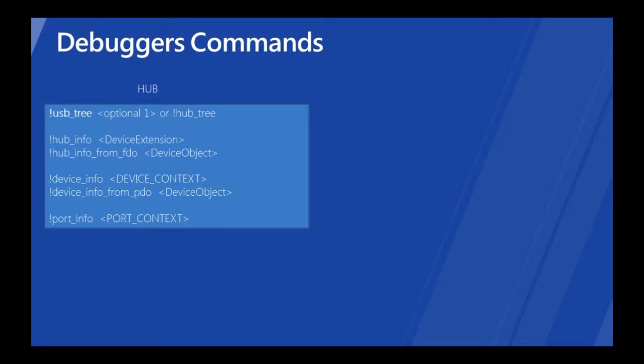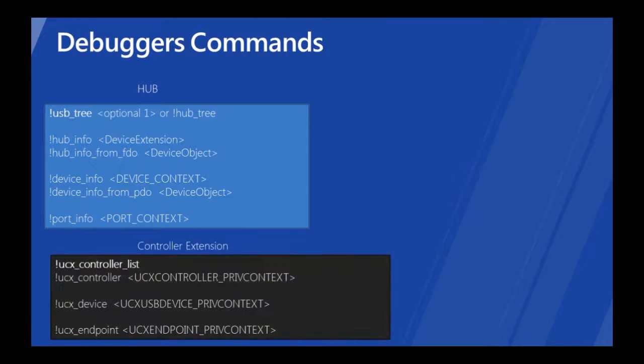This is the pivotal command which, in addition to showing the topology of the USB devices, provides pointers to all the other commands that you can use to inspect the state of the hub, device, and ports. The other commands listed there let you inspect the state of hub, device, and port individually. When I get to the demo, I'll show you how to use these commands.